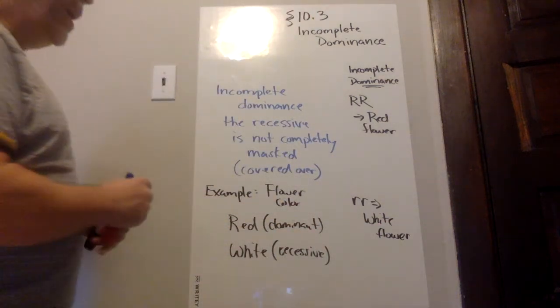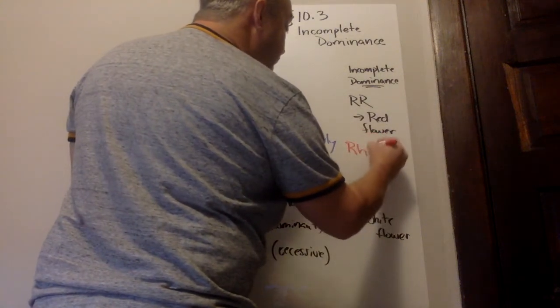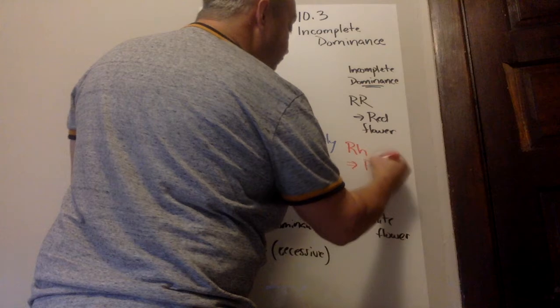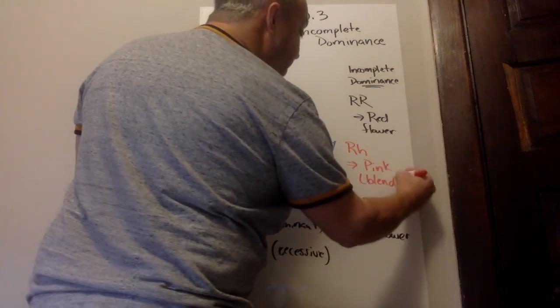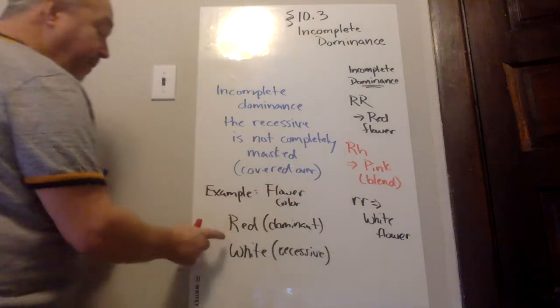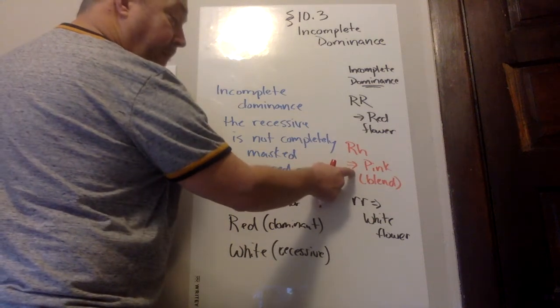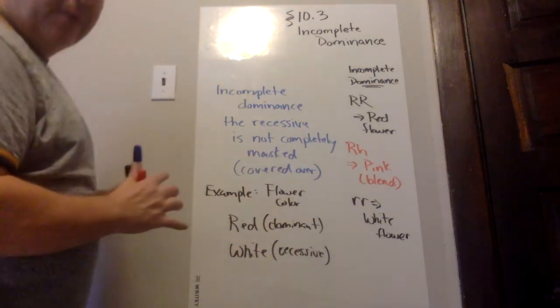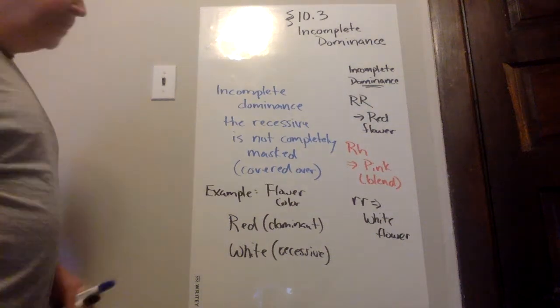And if you mix red and you mix white, you end up with pink. So the heterozygote is a blend of the dominant and recessive alleles. This is not an allele seen, it is a phenotype. So we still have two alleles and we have three phenotypes.